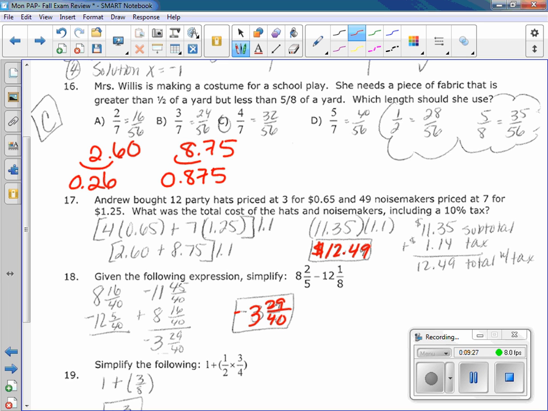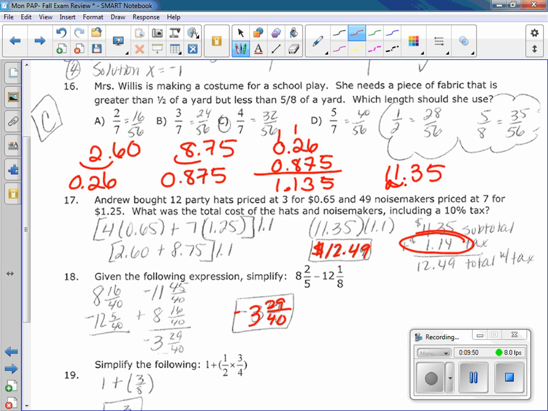Those two amounts added together give you $1.14. Notice it's that same amount as I would have gotten if I just took these values and added them together first and found 10% of that. Does that make sense? So it doesn't matter whether you do it individually or all together. It's still going to come out with that same answer.